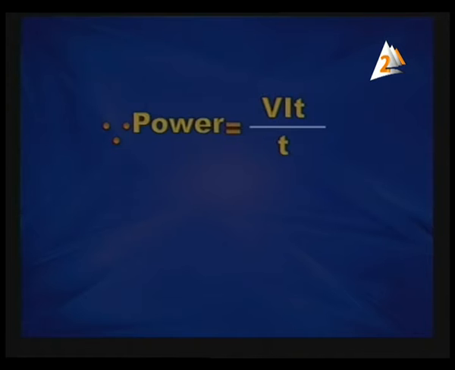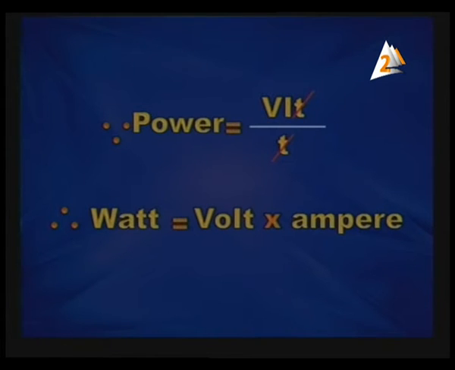Since power is equal to VIT over T, T will be crossed out. So we can say that unit of power, which is watt, is equal to the product of volt times ampere.